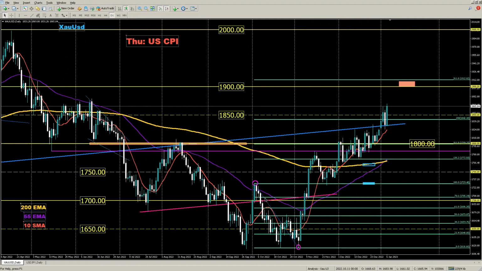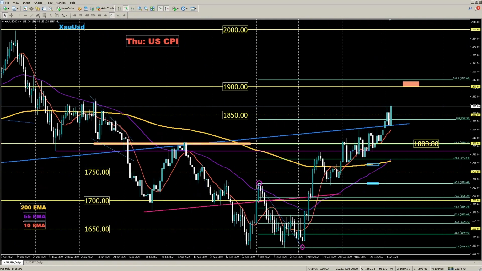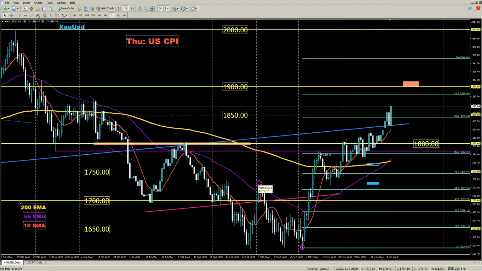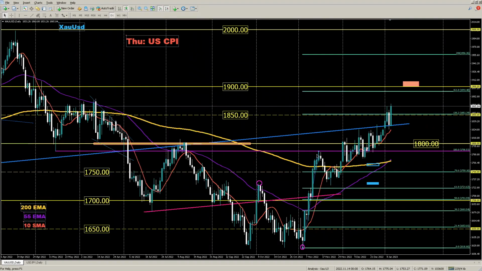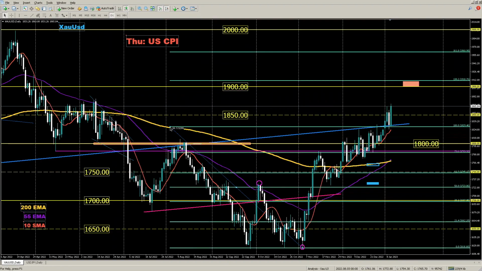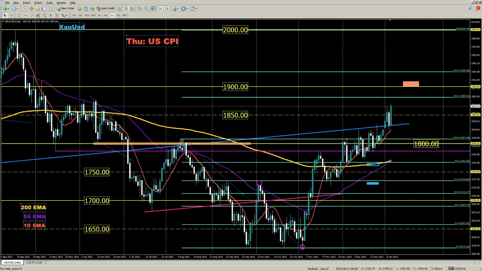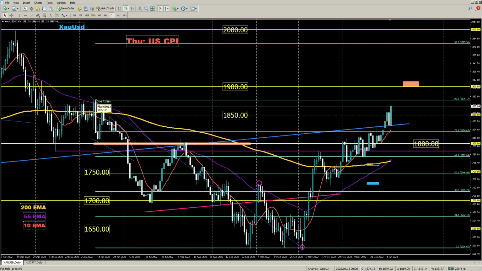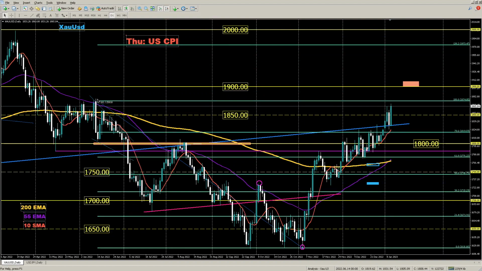So this fib, we can actually update this fib to show the next target, which is getting close. Or we can also move it back up to this reversal move, or to this swing high where it's approaching.